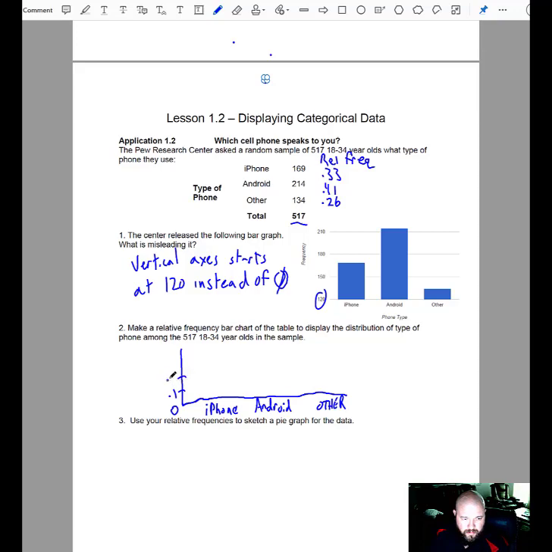So then we'll go 0.2, 0.3, say top there is 0.4. Okay, and we'll call this, again, we got to label our axes. It's very important.